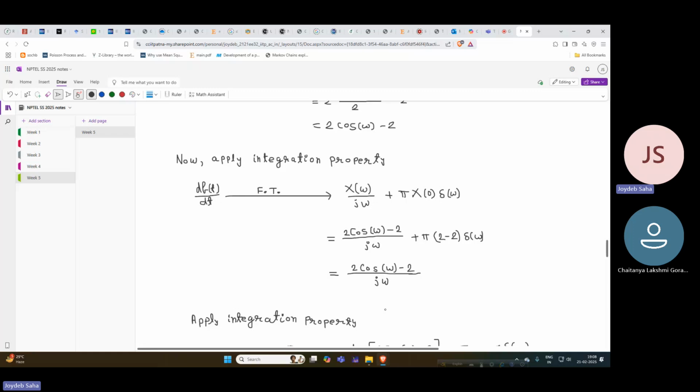Very interesting problem we have. Please try to digest what we have done till now.